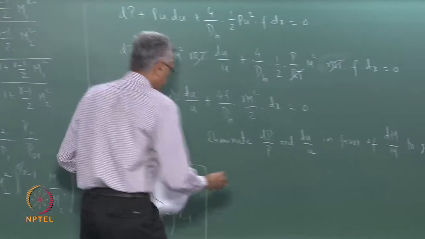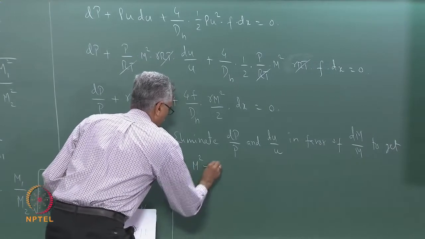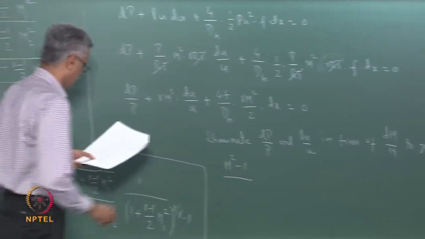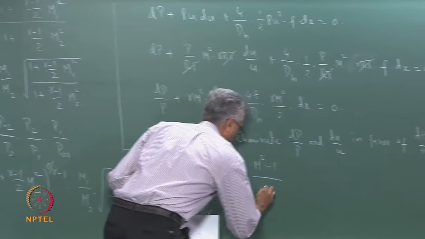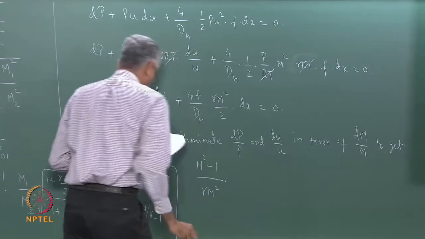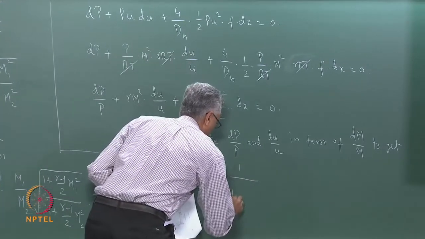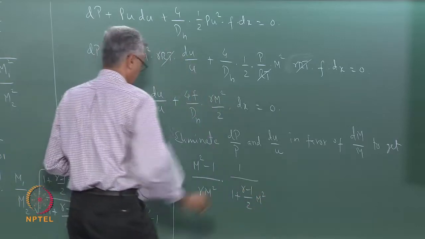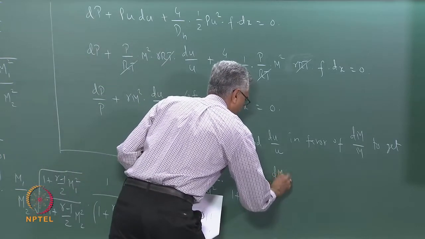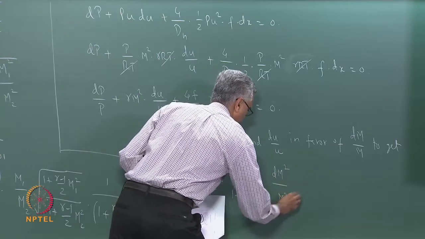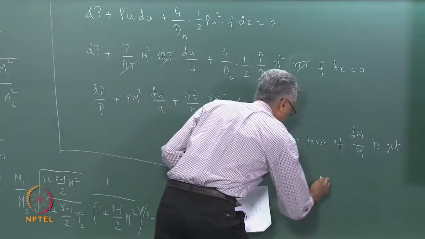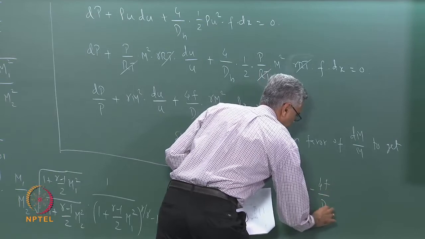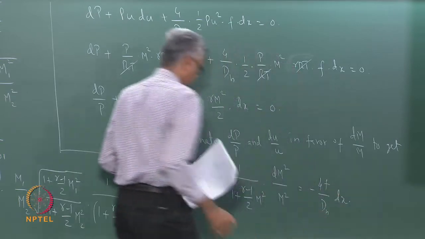I am going to leave the algebra to you, so I will just write down the final expression. It is (M square minus 1) over (gamma M square) times 1 over (1 plus (gamma minus 1) over 2 times M square) times dM square over M square equal to minus 4f over dH times dx.